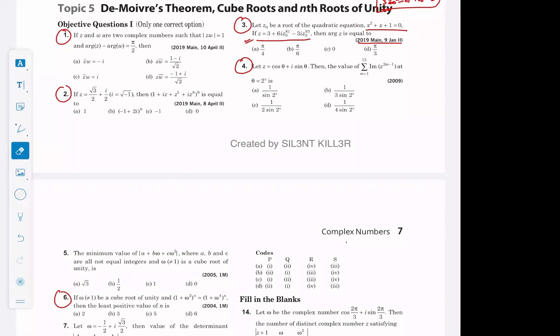Now you can solve question number 1, 2, 3, 4 and 6. I will give you a break after these problems and I will start the next class immediately after that. So please solve these 5 questions.